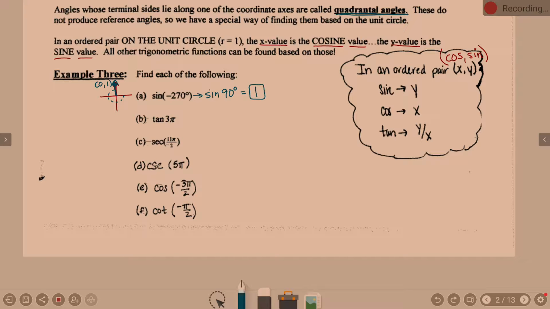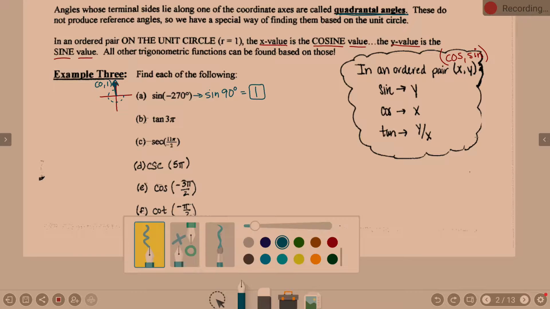So ordered pair 0, 1. If my y value is sine, then the sine of 90 is 1. Questions on that? Let's try the next one. That'll give me a better idea if you guys are with me or not.